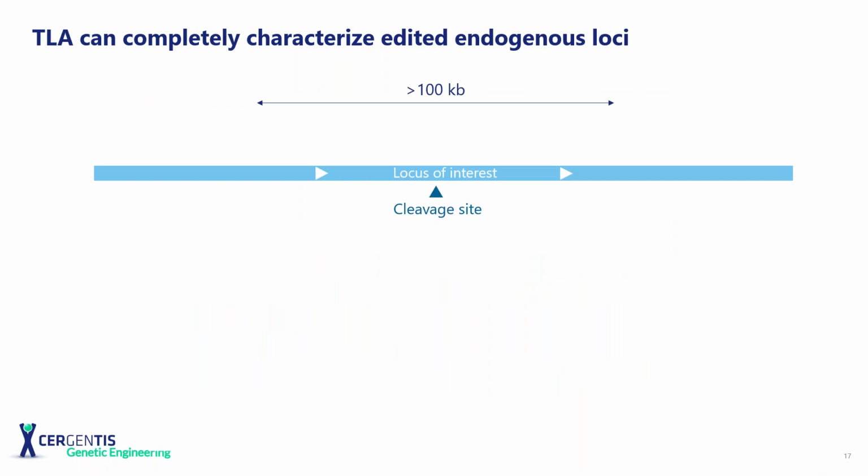Whilst I've shown you that TLA can be used to completely characterize transgene integration sites, it is also well suited to elucidate the outcome of targeted gene editing on a specific locus.